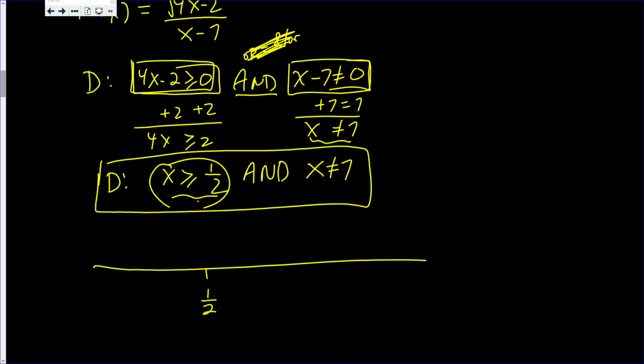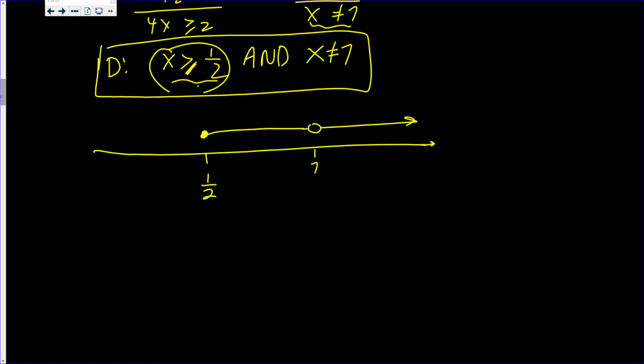So here is a half. It can equal a half, so it gets filled in, and it can be greater. But it can't be 7. So you come to 7 and you put an open circle. That's the way of writing it on a number line.